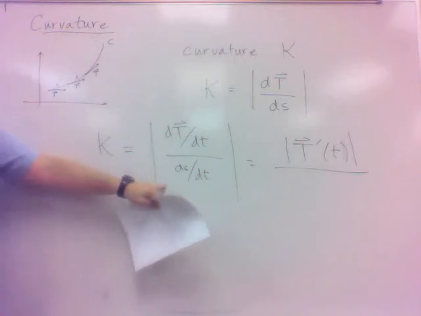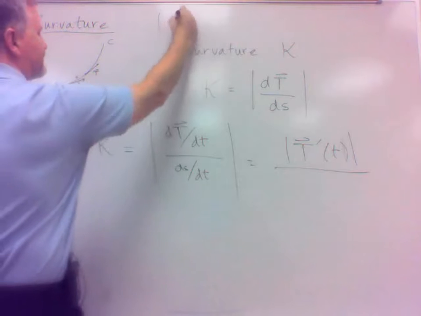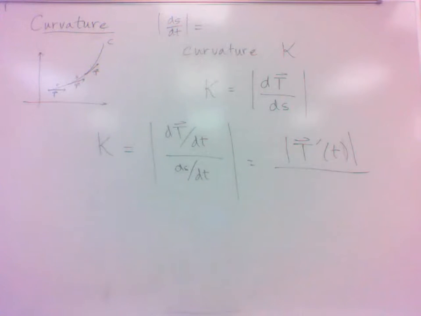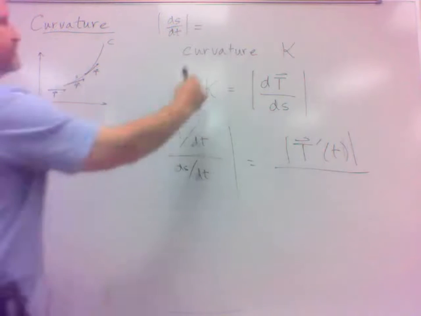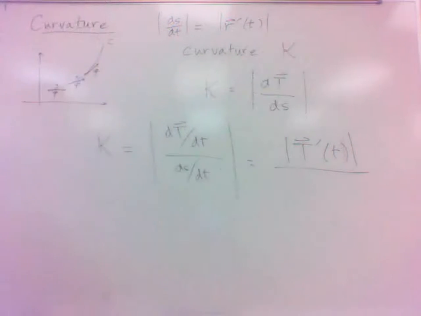And then the magnitude of our ds dt, well, that's what we just defined in the last segment. Remember, ds dt would be just the magnitude of the derivative vector. That's the way we basically define that.